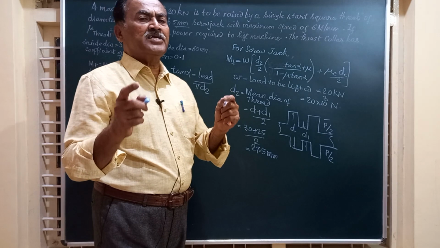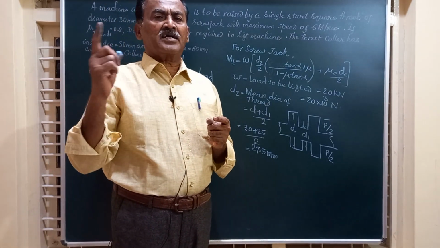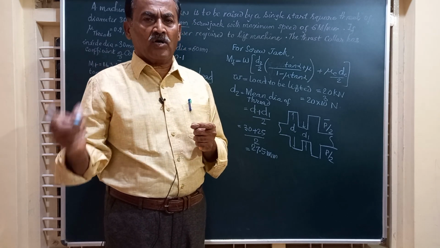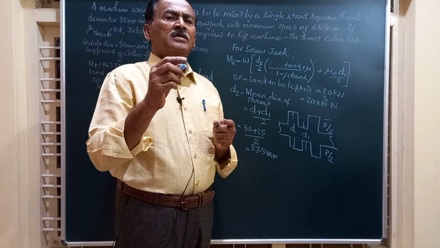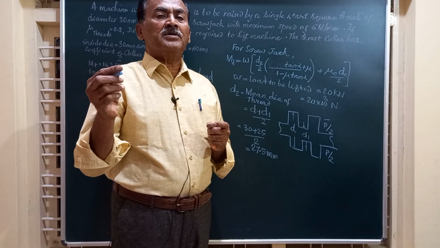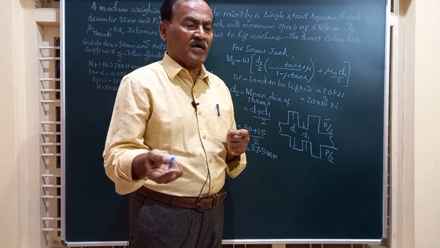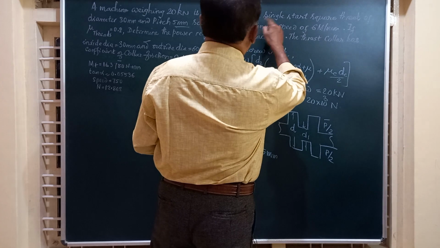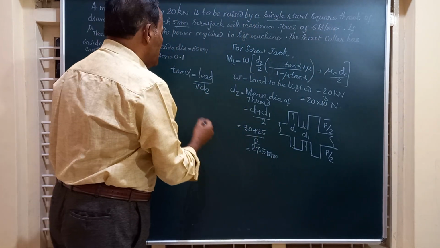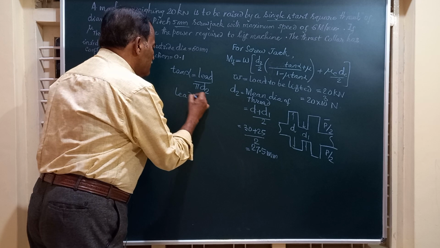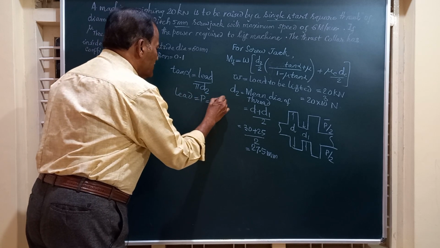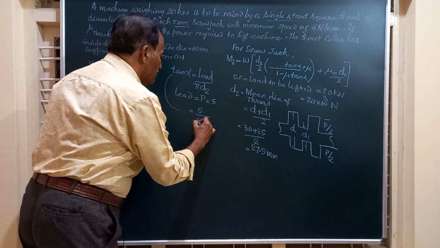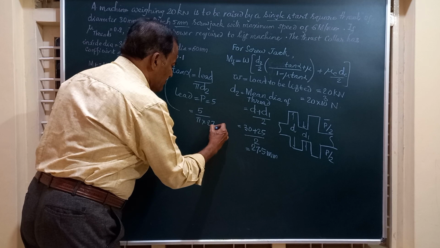And here, lead is equal to pitch for a single start thread, lead is equal to twice pitch for a double start thread, and so on. In general, lead is equal to N into P, where N gives the number of starts. Here it is said in the problem that it is a single start thread. So lead is equal to pitch, which is equal to 5. Therefore, tan alpha will become equal to 5 divided by pi into 27.5.